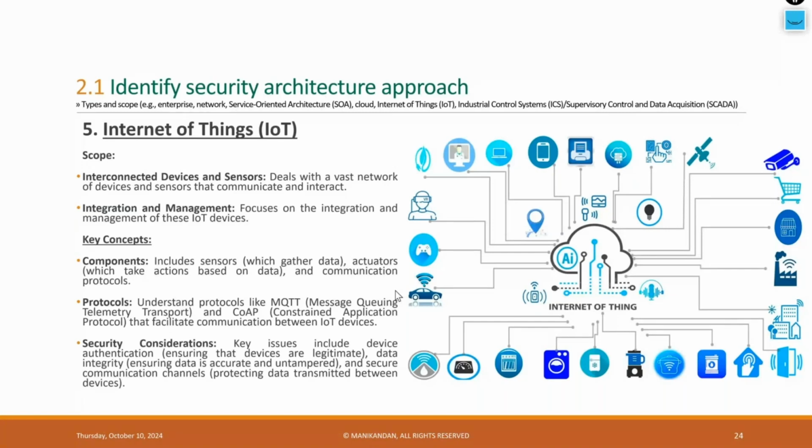When you are using IoT devices within your organization or within your home, they are interconnected devices and sensors that communicate and interact. Nowadays we are also seeing IoT devices in cars like Audi, BMW, or Mercedes.